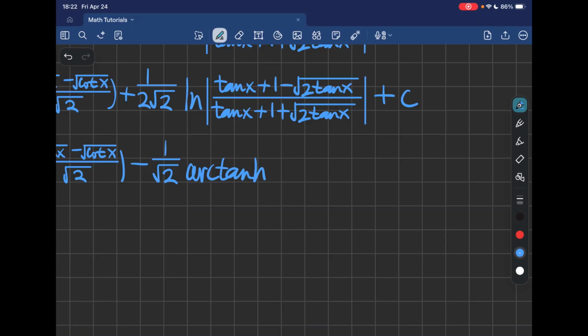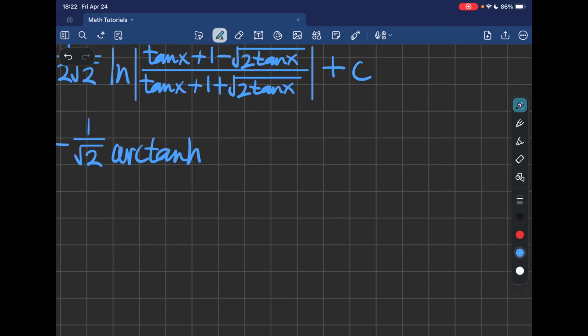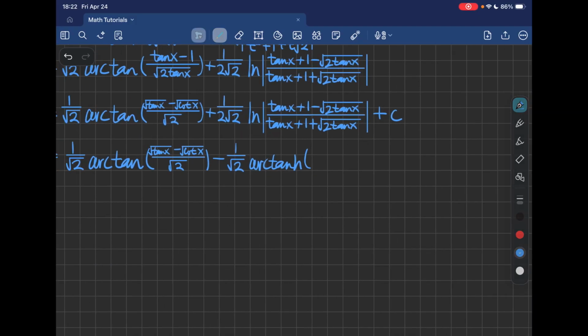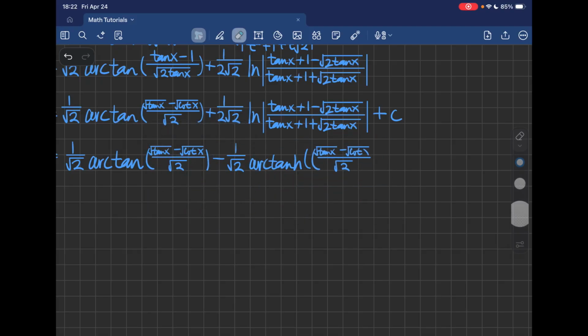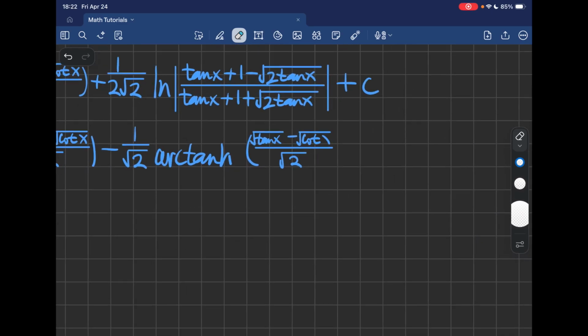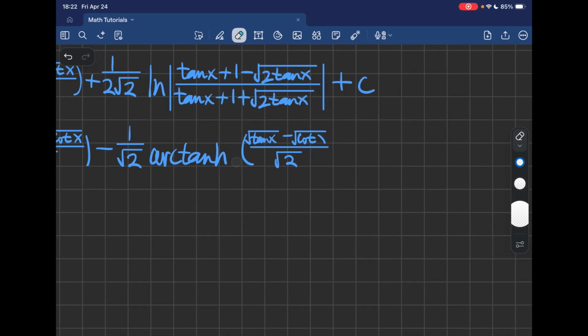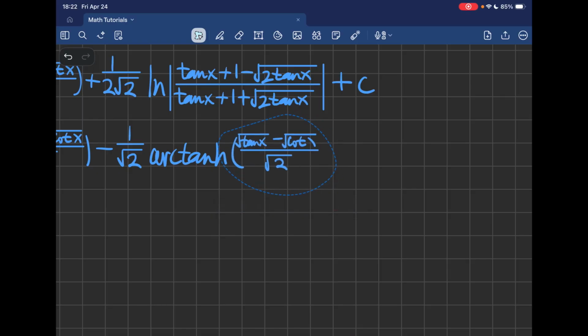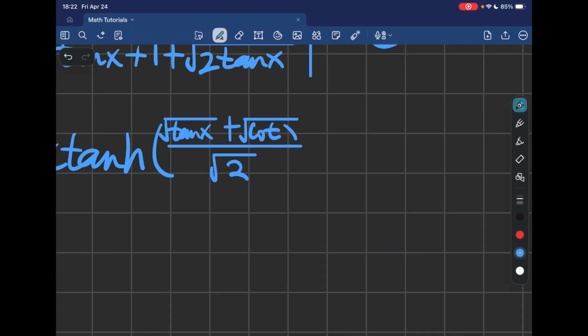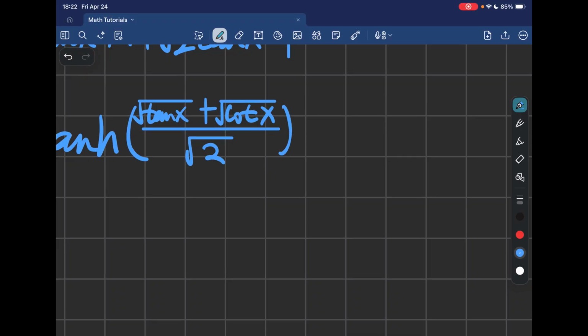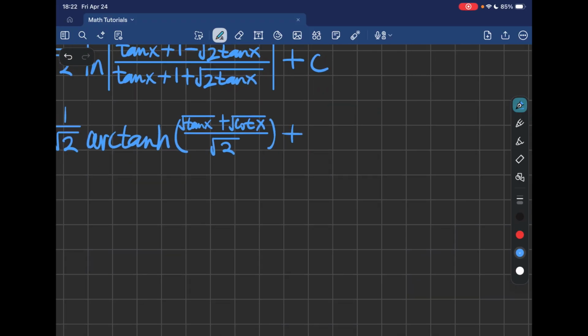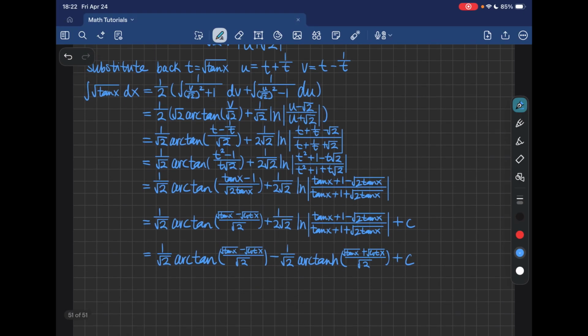Arctan of something similar, this. We have plus here, so it looks kind of similar, but plus c. So that's the full solution.